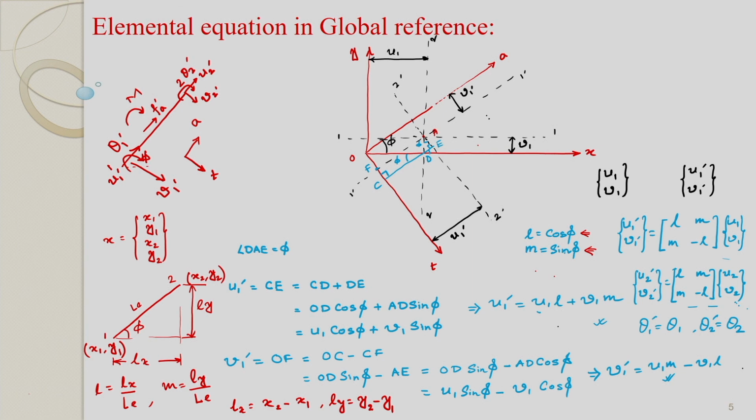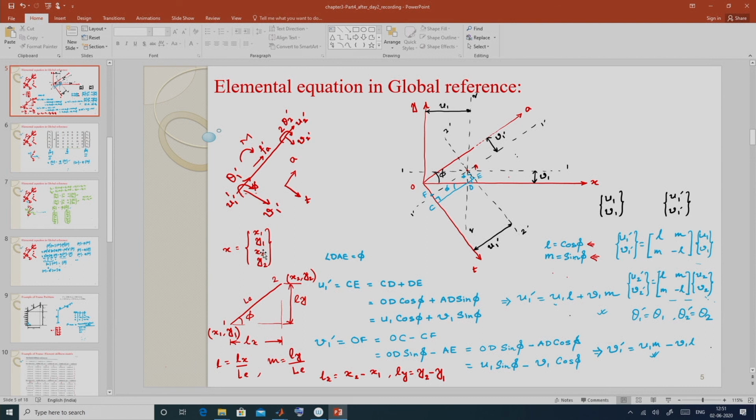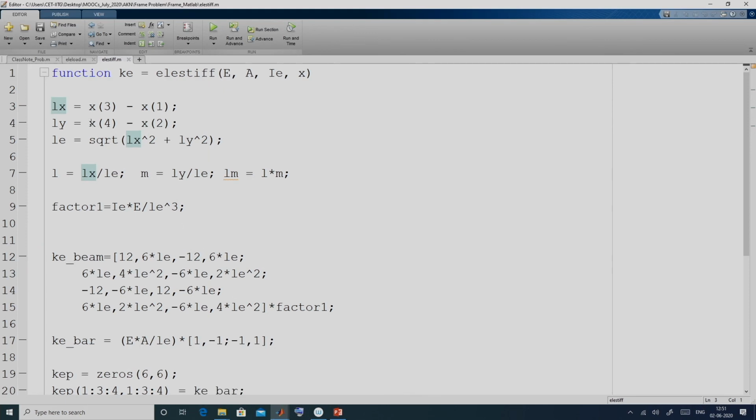Now, if we see the MATLAB code, this is our x intercept, x2, that is the third element of this x vector, minus the first element of this x vector. And this is y intercept, fourth element minus second element. So, we get this L, M, that is cos phi and sin phi.